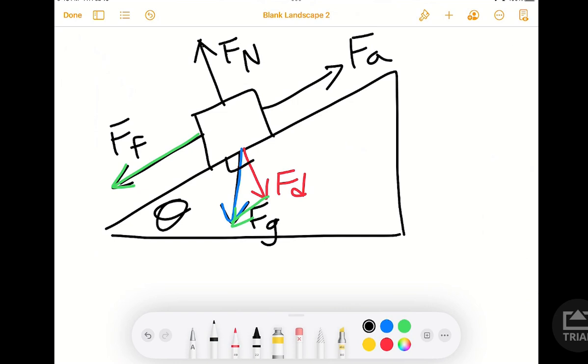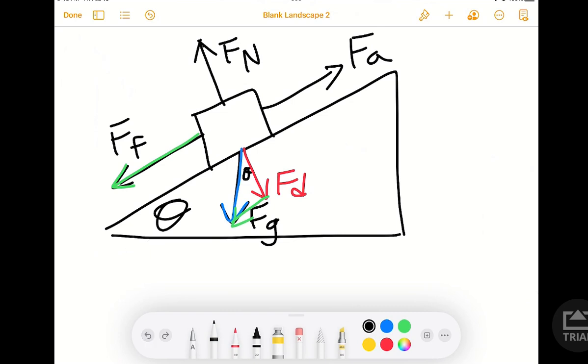Because this makes a 90-degree angle, and actually the red and green arrows do as well, this angle in here, this theta, will actually be identical to the main theta, to this one here.